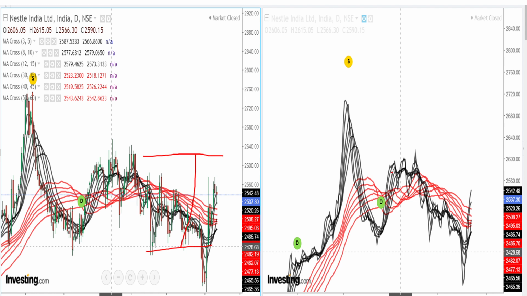If you hide the indicator, you can find that Nestle has given a small range. If it sustains somewhere around 2520, we have a 60-point rally at least in Nestle for tomorrow. So this is the power of the indicator, and whenever there is a crossover, whenever there's a change, you can find out that the trend is going to change.